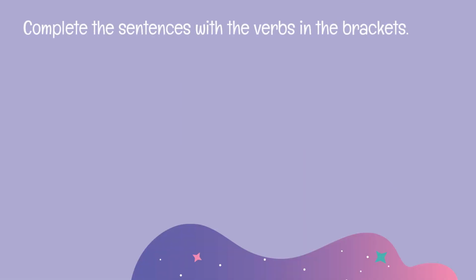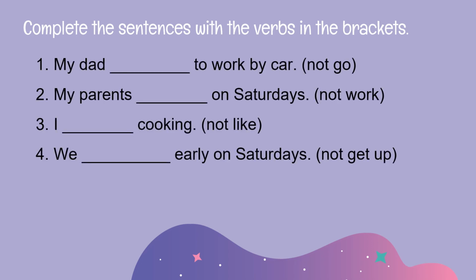Now, complete the sentences with the verbs in the brackets. Are you ready? Let's start. Number 1. My dad ... to work by car, not go. Now, my dad is in singular form. Therefore, we should use doesn't.